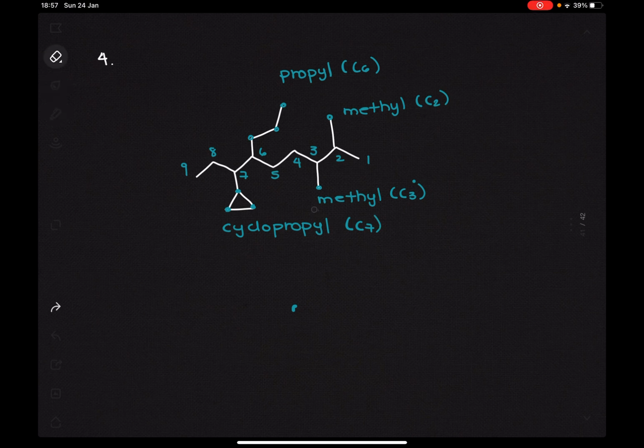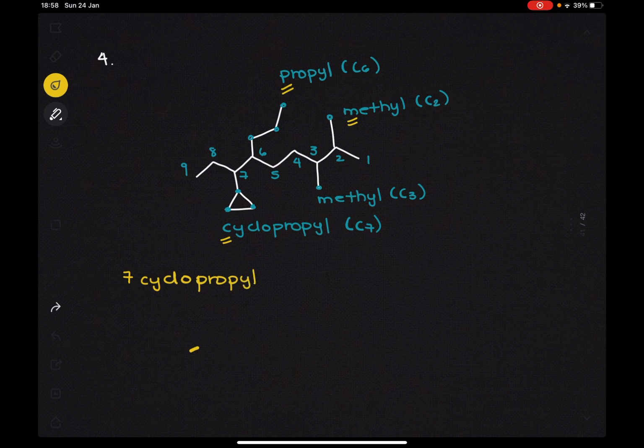So now let's put everything together. I have 2 methyls, so it's going to be a dimethyl, and I need to consider the alphabet. So I'm comparing a P, an M, and a C. Cyclopropyl is actually the name of the structure. It doesn't denote quantity, so we are comparing the C. So the C is going to be the first one, and the cyclopropyl is in carbon 7, so it's going to be 7-cyclopropyl.